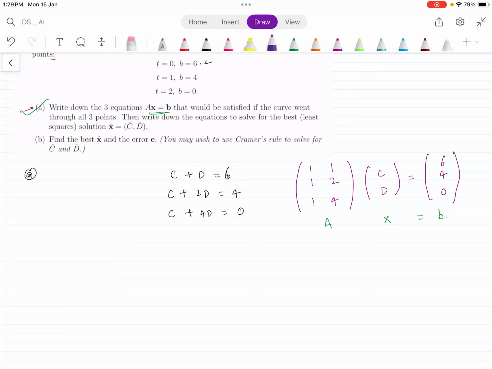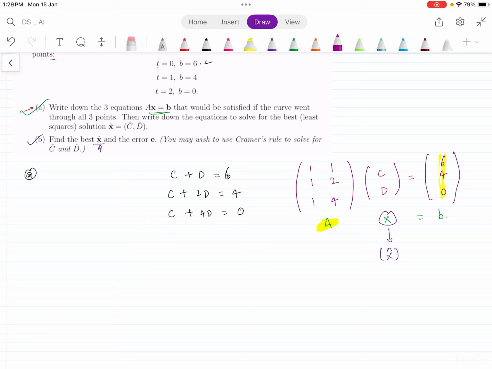Now the second question: what we have been asked is to find the best x hat, right? So this is x, but we have been asked for x hat. Let me ask you one thing: if this b is in the column space of A, we will have a solution, and we will find the exact value of x that exactly satisfies Ax equals b.